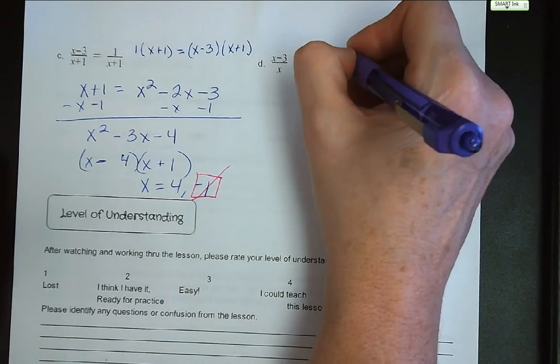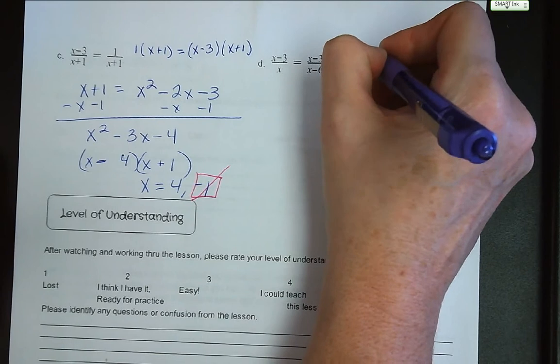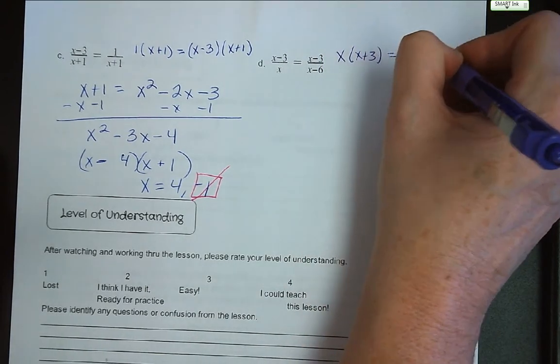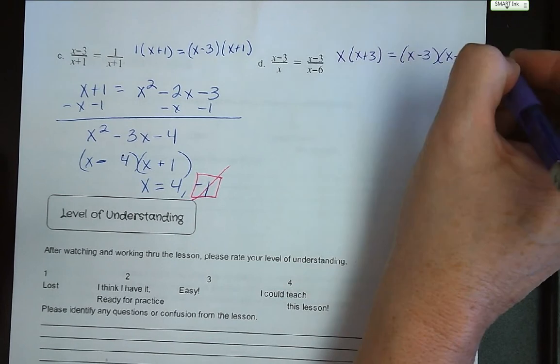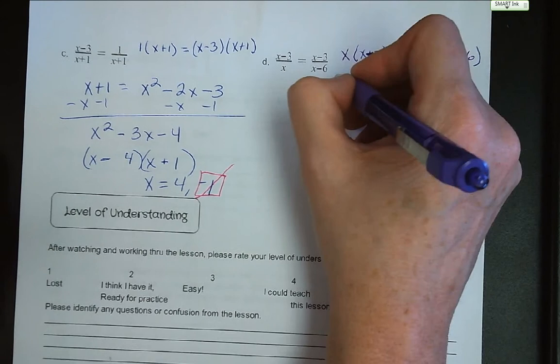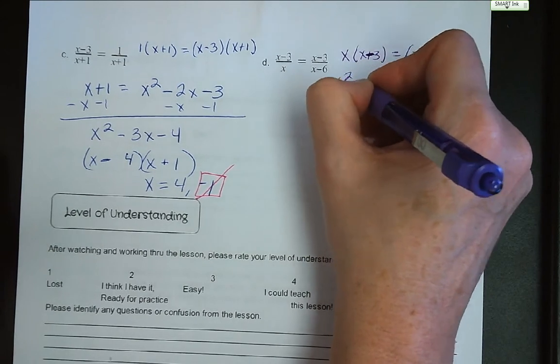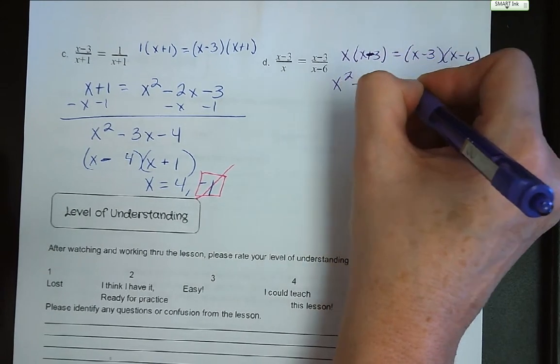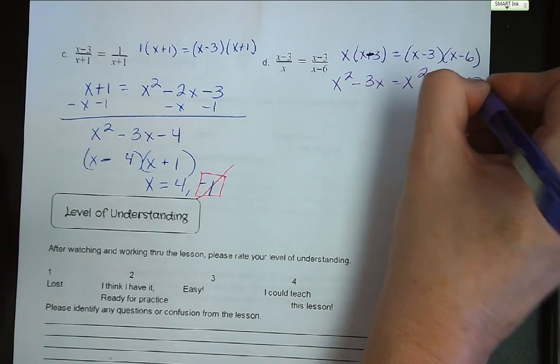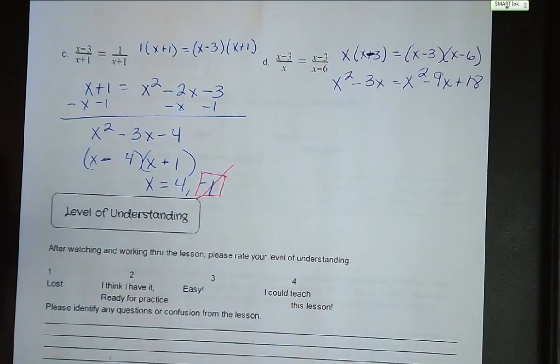Letter D, cross multiply again. We've got x times the quantity x minus 3, and then we've got x minus 3 times x minus 6. Multiply it out, you get x squared minus 3x equals x squared minus 9x plus 18.